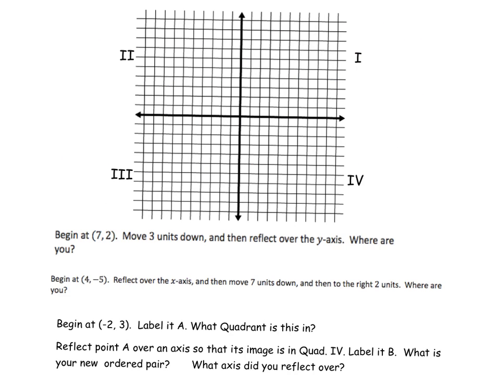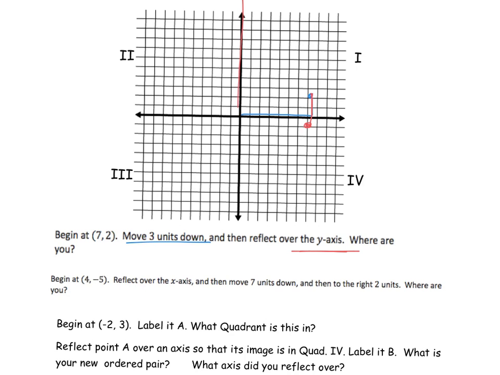Alright, your exercises are really about following directions. So for these first couple, your first mark begins at 7, 2. So 7, 2: 1, 2, 3, 4, 5, 6, 7, and up 2. And it says move down 3 units, so I'm going to go down 3 units from this point, right there, and then it says reflect over the y-axis.